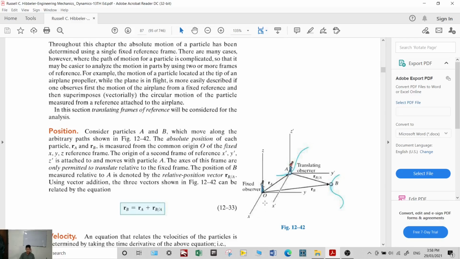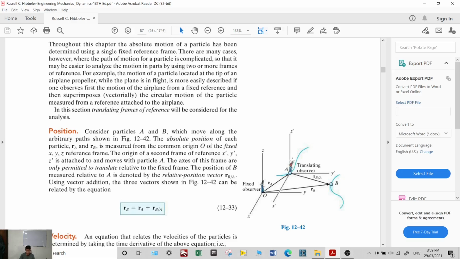This is your origin, where the fixed reference frame is located. This reference frame is fixed and it is not moving. However, you add another reference frame, which we call the translating reference frame.